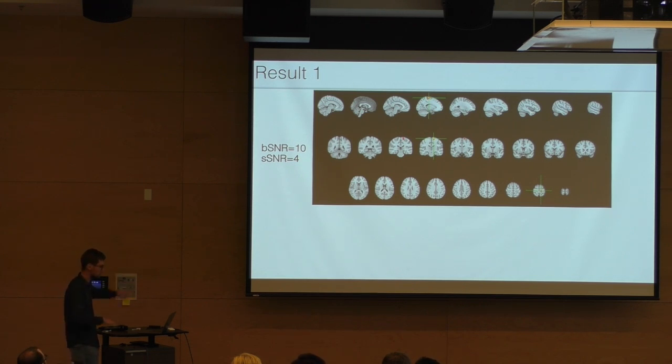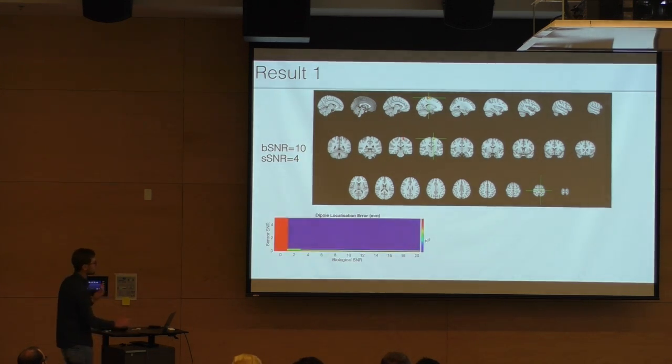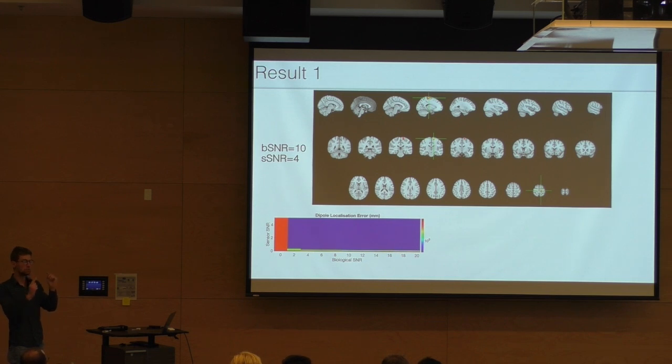This has been thresholded, so a bit of massaging. We wanted to see how accurate this localization was, so we looked at the distance between the reconstructed source, the maximum, and the ground truth.